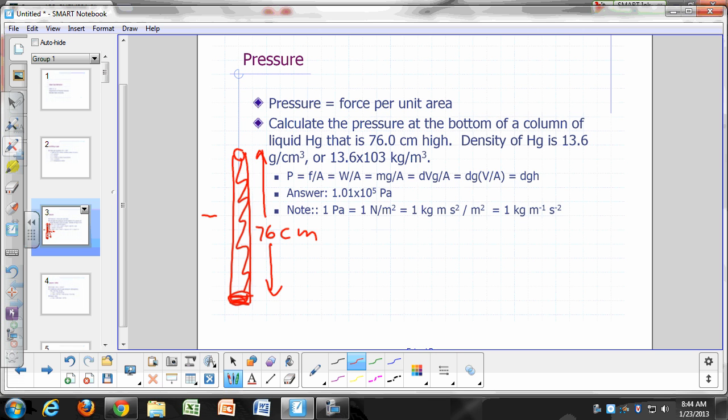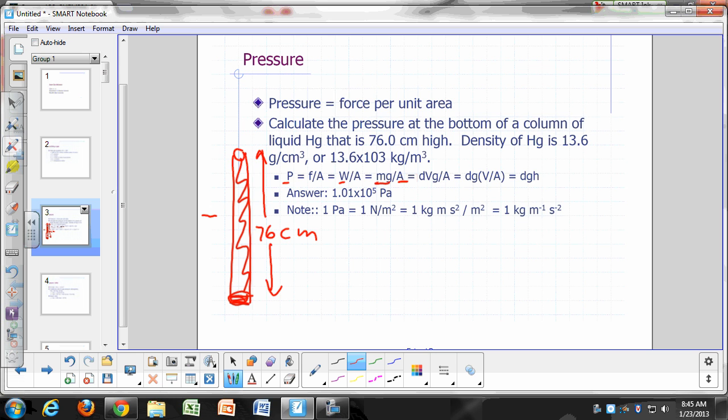So what's the force that the column will exert on you? That's just the weight of the column, right? So the pressure that you feel is the force due to the column divided by the cross-sectional area of the column. And the force that you feel is just the weight of the mercury column. And weight is just mass times acceleration due to gravity. So the pressure that you feel is mass times acceleration due to gravity divided by the area.